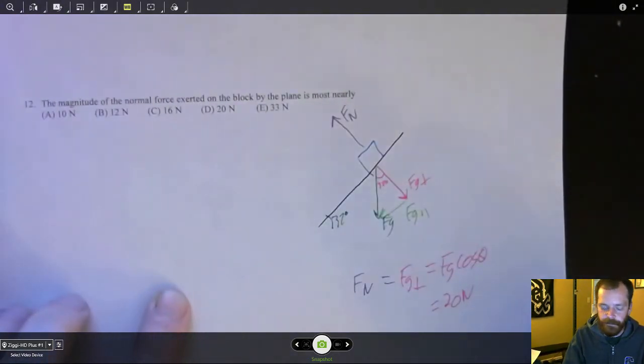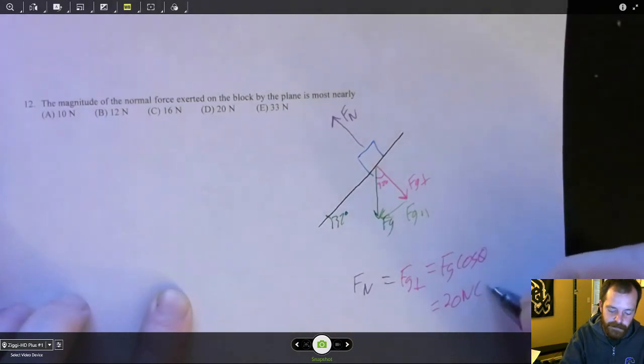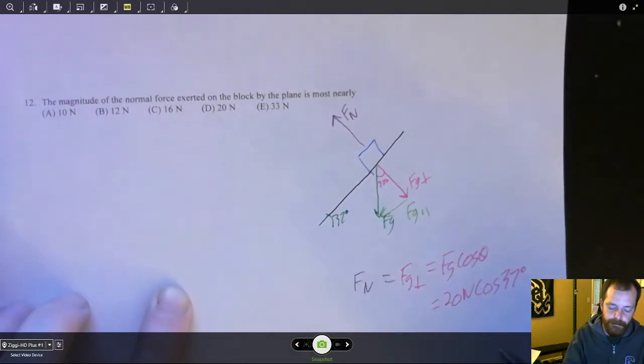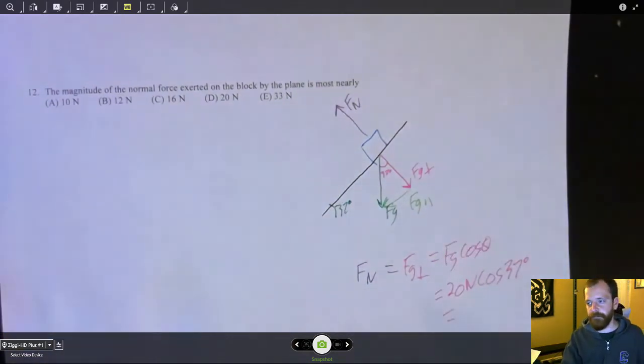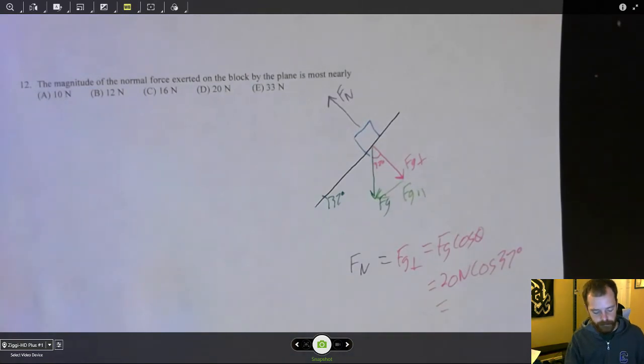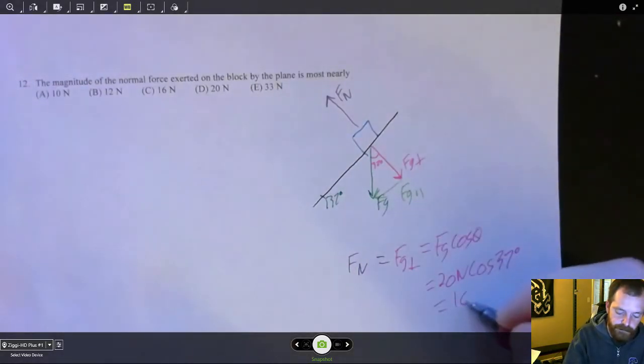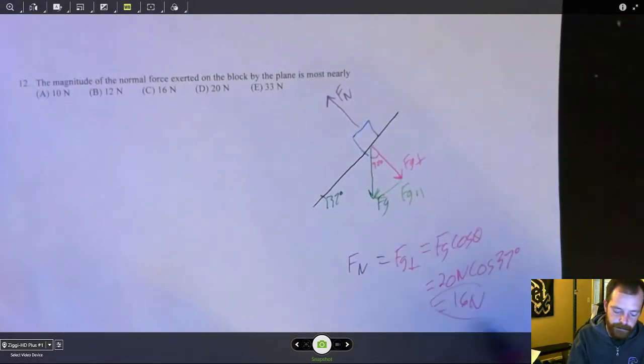20 newtons times cosine of 37 degrees. And if I solve for that, I get about 16 newtons, roughly, after I round it.